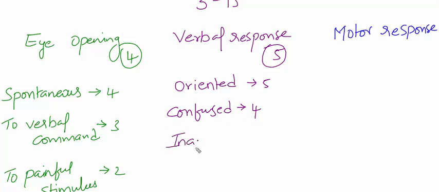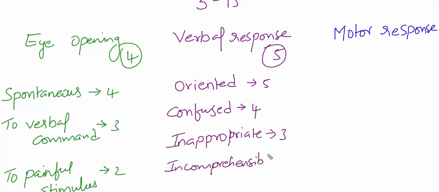Inappropriate words, where the patient is unable to make sentences and says only words, we give a score of 3. Incomprehensible verbal response, that is, the patient is making sounds only which are incomprehensible, we give a 2. And if there is no verbal response, we give a score of 1.